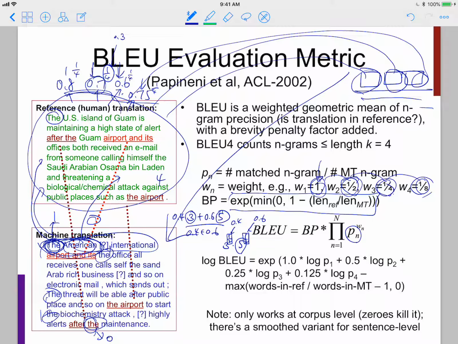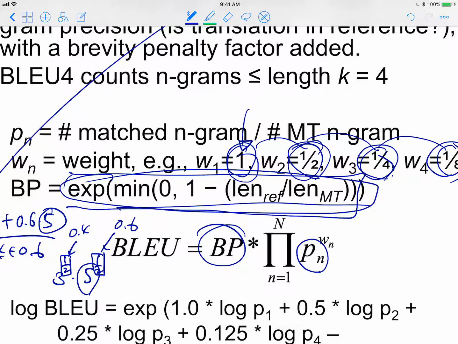So in order to penalize this situation, we assign a kind of weight, and that weight is defined by this. If it generated a longer sequence than the ground truth, then this ratio will be greater than 1, and then it will be a negative value.